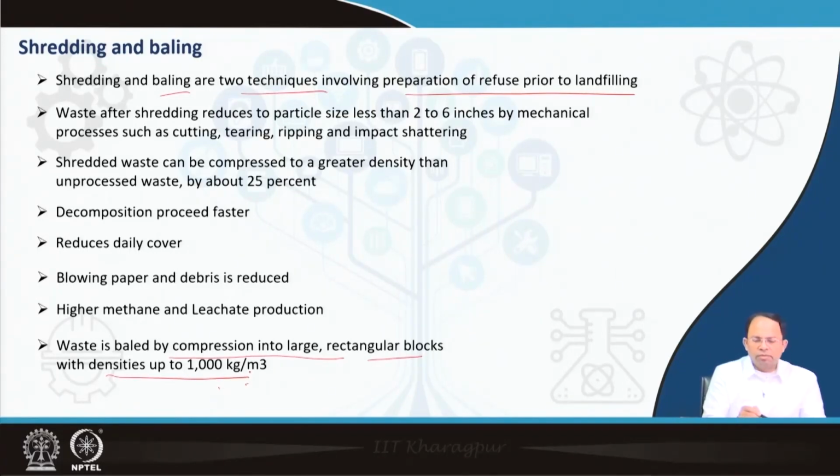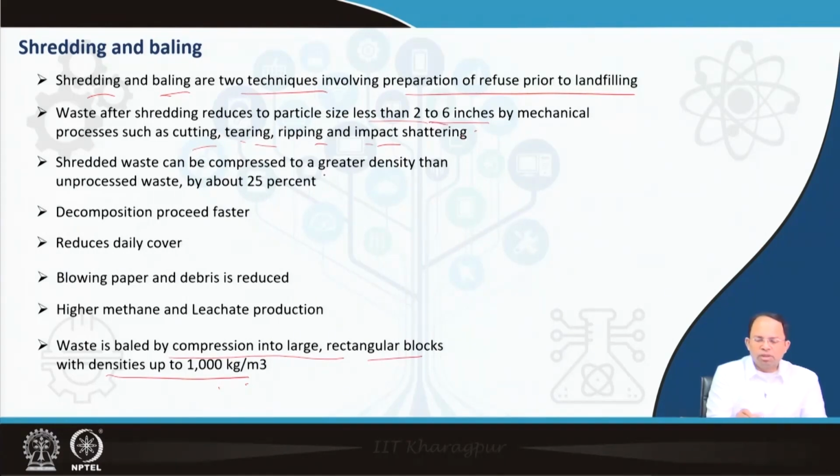So that is how we can do first shredding and then baling, which helps in organizing the waste in compact units, which could be stored into the cells of the landfill site. Waste after shredding reduces to particle size less than 2 to 6 inches by mechanical processes such as cutting, tearing, ripping, and impact shattering. Right. So these are the mechanical processes that could be taken up to shred the waste into smaller sizes.